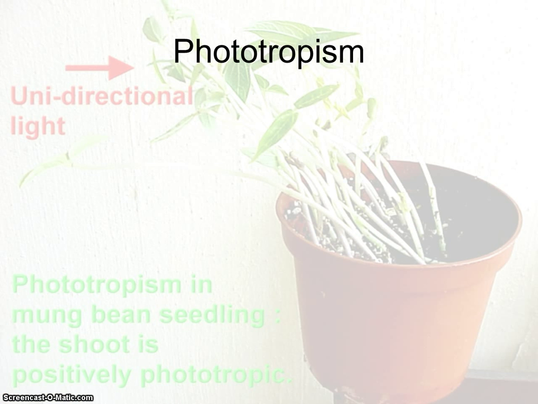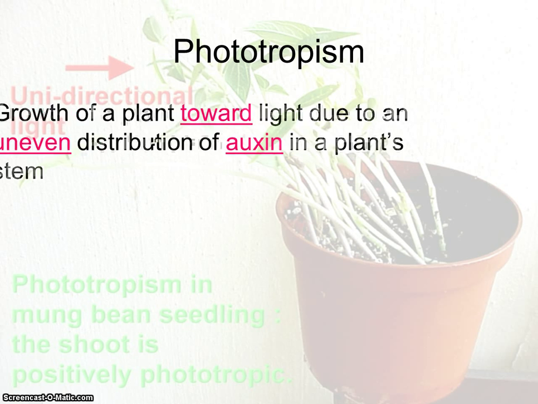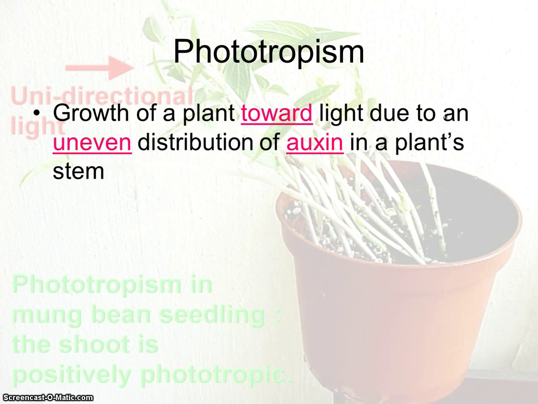So let's look at these tropisms. Phototropism is the most common type of tropism, the most common type of response that a plant has to its external environment. This is just where a plant grows towards the light source.